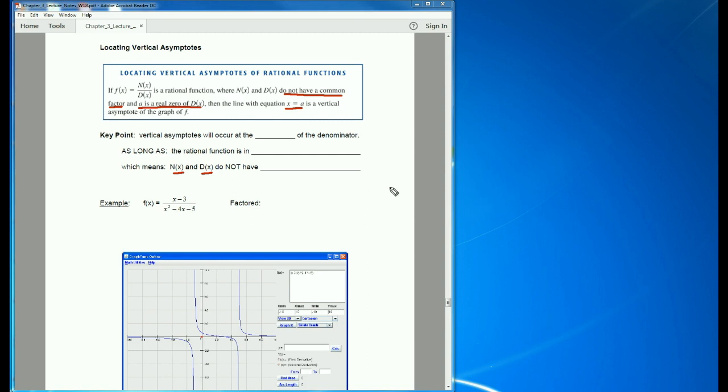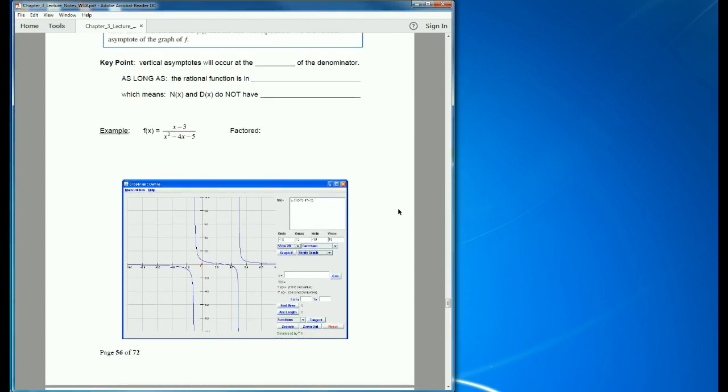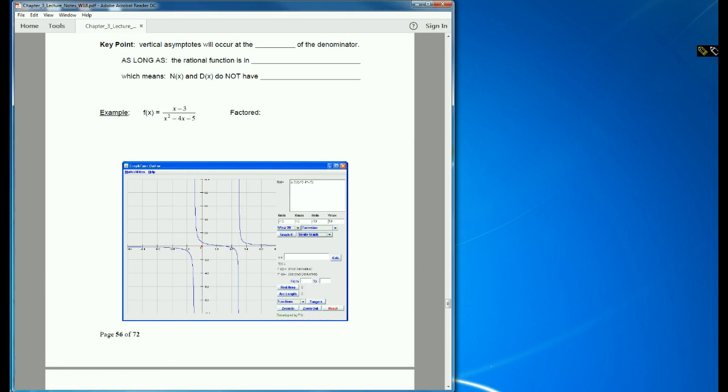So let me show you an example of what that means. Okay, so here is a rational function, x minus 3 over x squared minus 4x minus 5. So what we can do is factor that denominator.